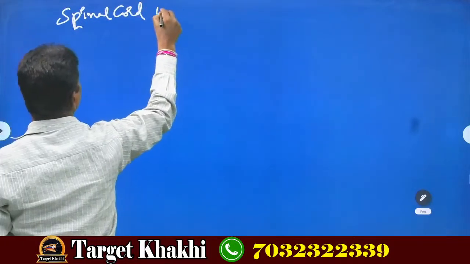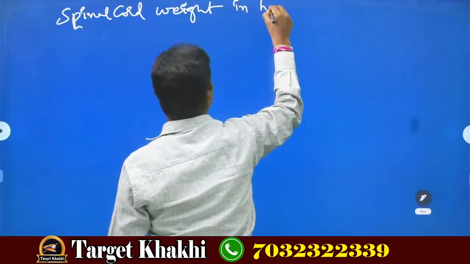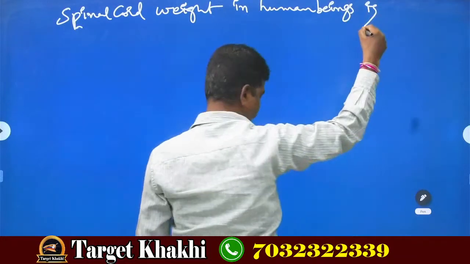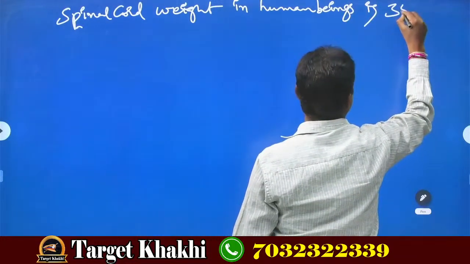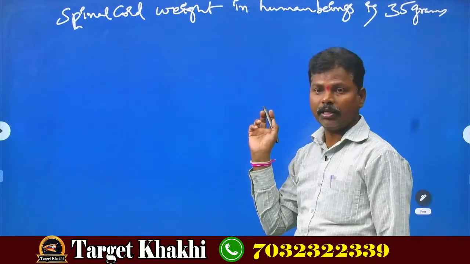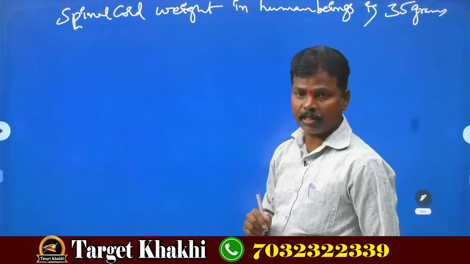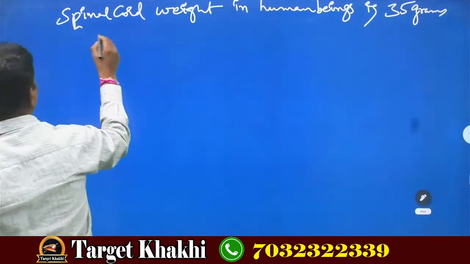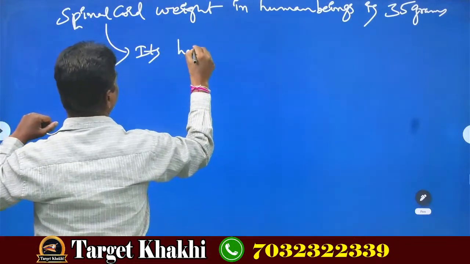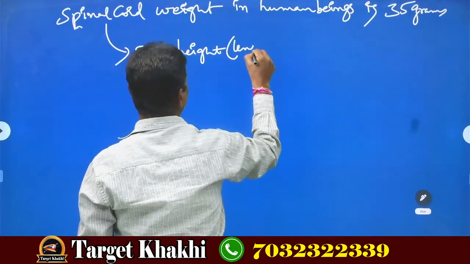Spinal cord weight in human beings is approximately 35 grams, whereas its height, nothing but length.